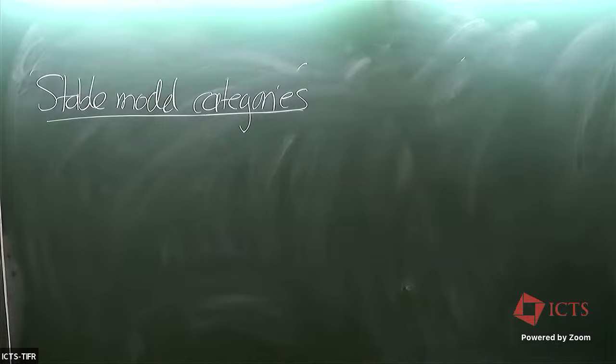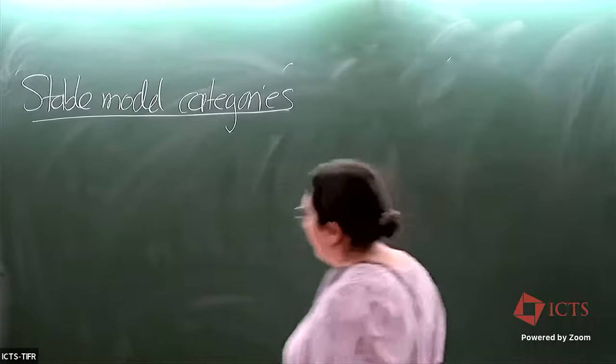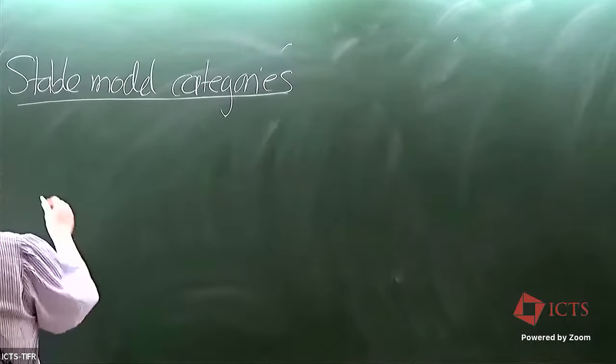So for the algebraic side of things, pointed means having a zero object. For the topological side of things, it just means things have a base point. And once you do that, you can define suspension and loop functors.